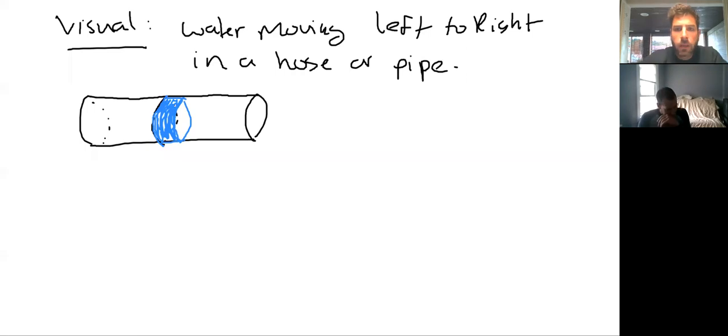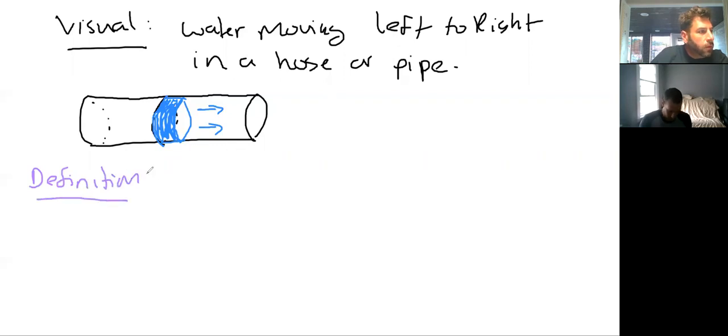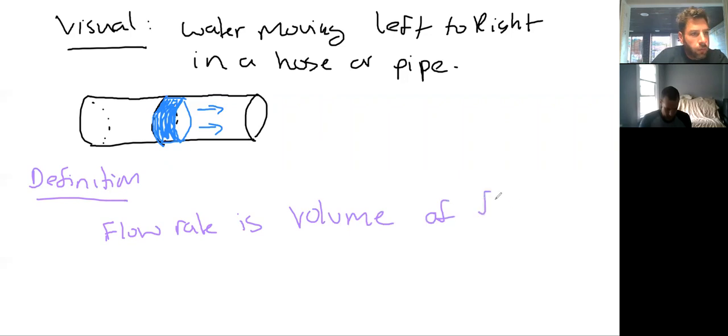So, one way to characterize what's happening here is to make the following definition. So flow rate is the volume of fluid passing a particular point.